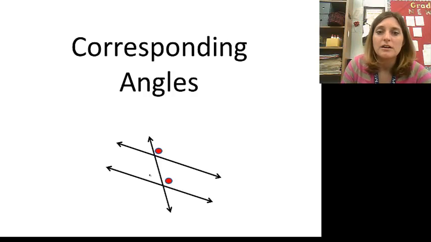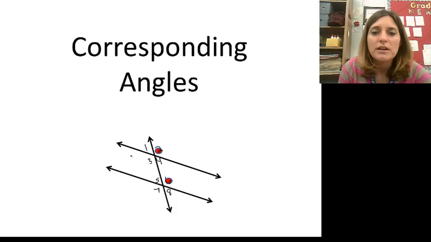Corresponding angles. All right, let's number these right away. So 1, 2, 3, 4, 5, 6, 7, 8. Here are the parallel lines. Here's the transversal. These are all the angles that are created. Okay? Corresponding is the only one that is going to be staying on the same side of the transversal.